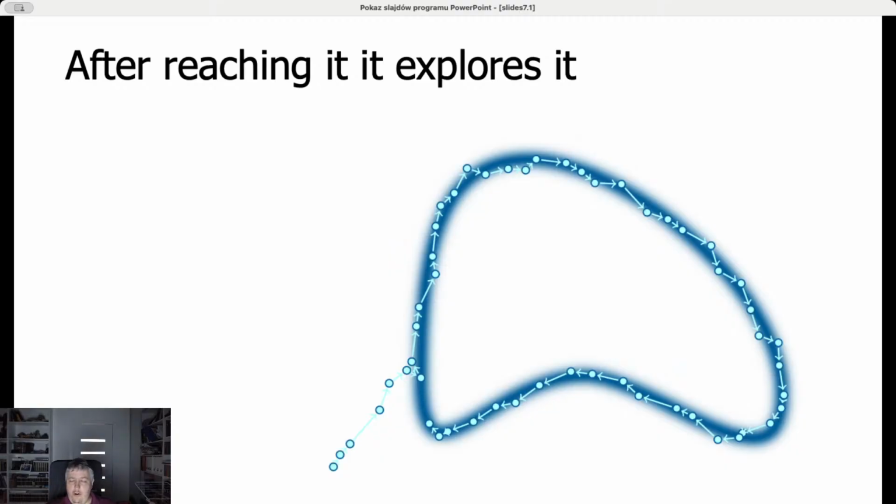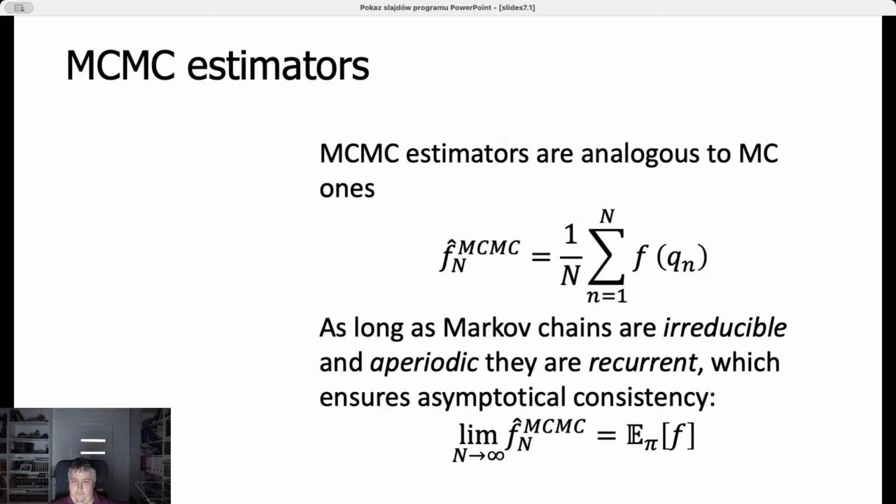So the longer we run the Markov chain, the more and more samples we'll get that come directly from the typical set. Which is a good property because the typical set, as we remember, is something that we cannot practically compute. We cannot compute the typical set of a given distribution.